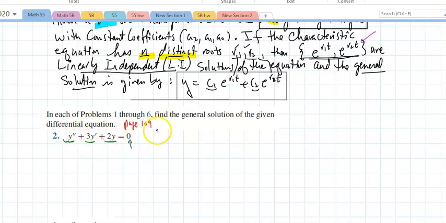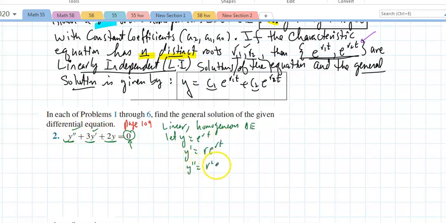Since this is a linear homogeneous differential equation, I'm going to say let y equal e to the rt. And what I need is a derivative of y and a second derivative of y. Well, I know y prime is r e to the rt, and y double prime is r squared e to the rt. So here I'm going to plug in what I have.